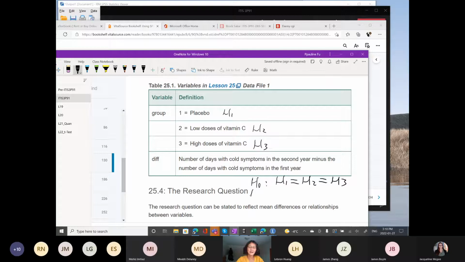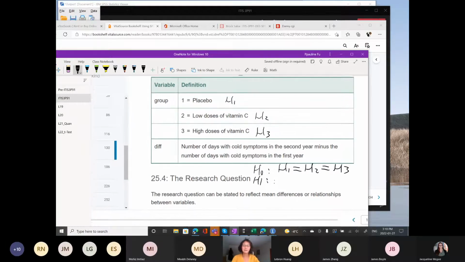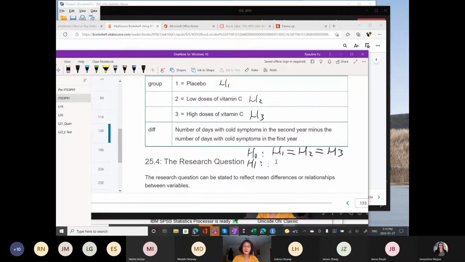And the alternative hypothesis, because we have 3 means, is the opposite of H0: at least one mu i is different from others. So I'm going to type in, at least one mu is different from others. So that is our H1.